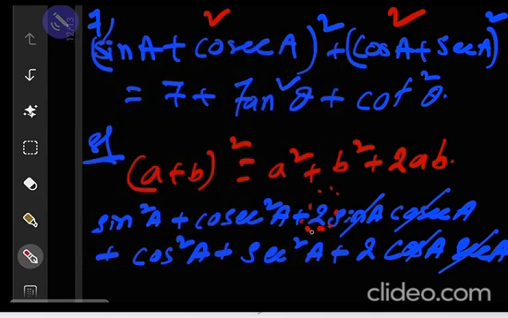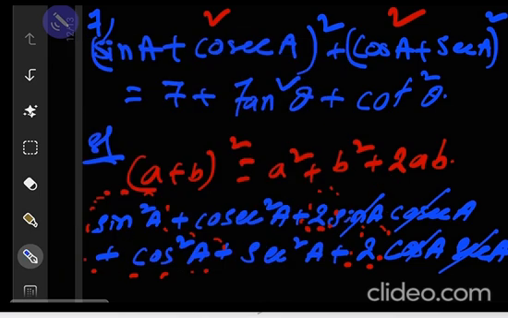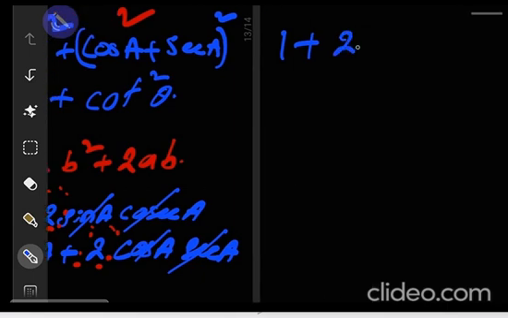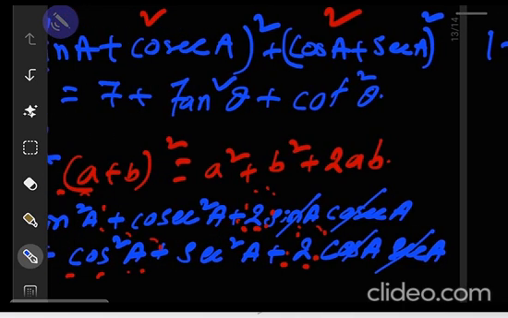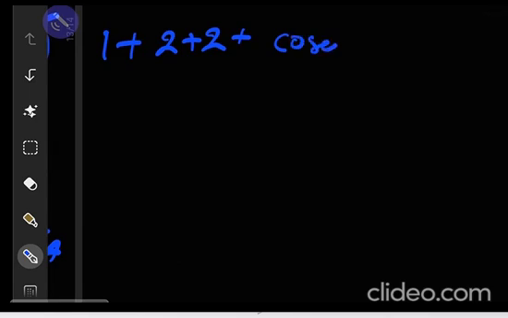So we are left with 2 plus 2 plus 1, plus cosecant square A plus secant square A. 2 plus 2 is 4, plus 1 is 5, plus cosecant square A plus secant square A.